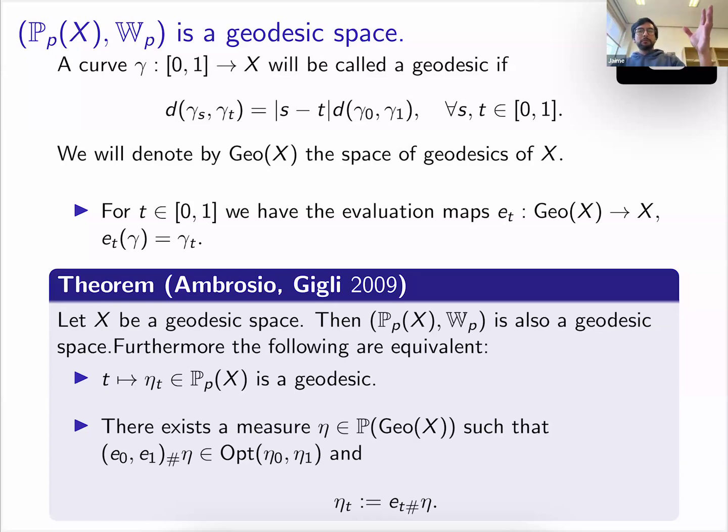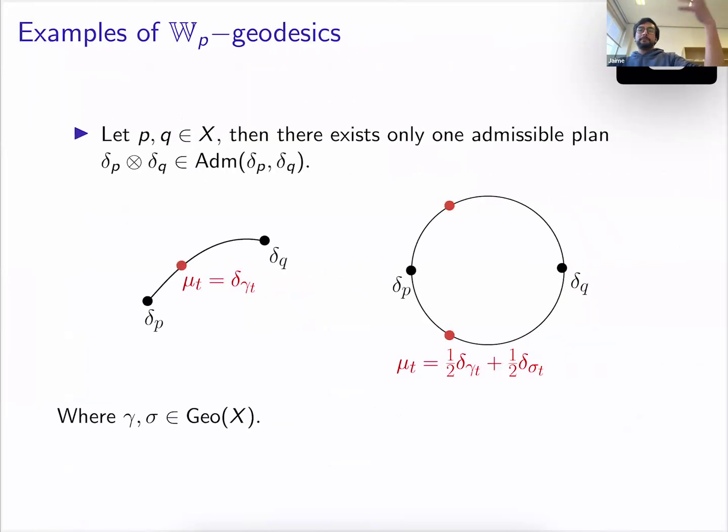So intuitively, this is just telling us that geodesics in the Wasserstein space look like moving mass from one measure to another by taking geodesics. I just move all the mass by choosing one geodesic, or some geodesics, until I get to the endpoint. But I think this is better if I just give explicit examples.